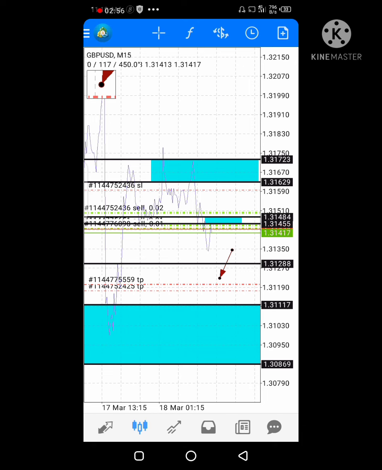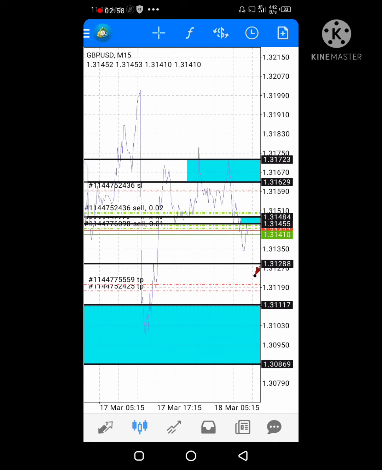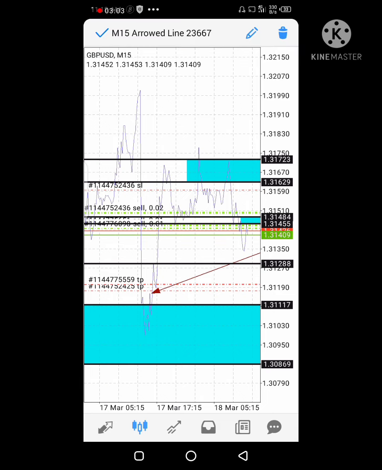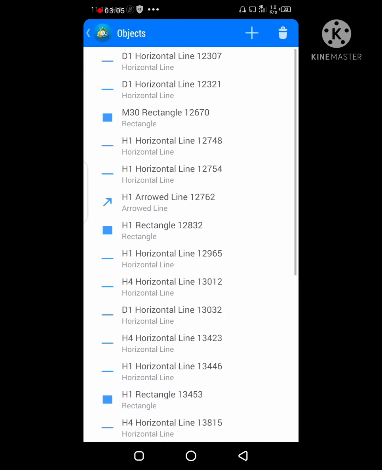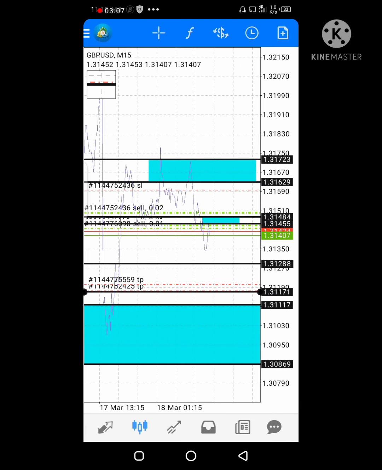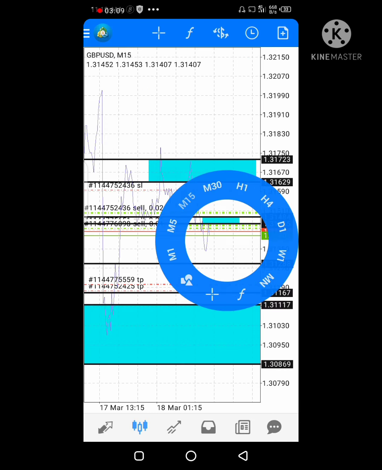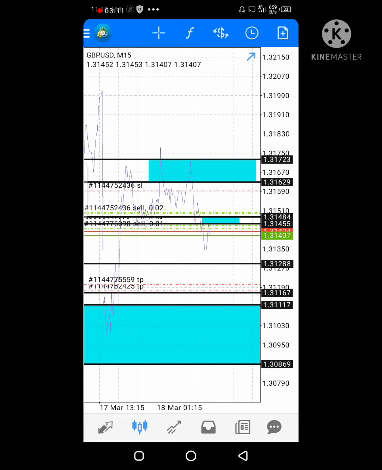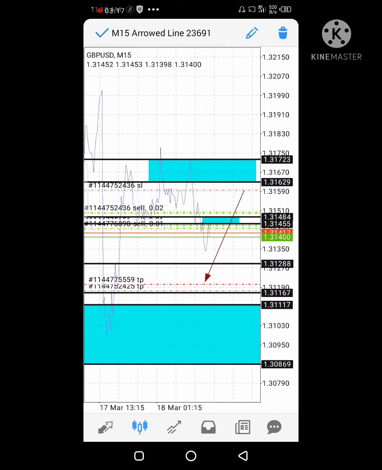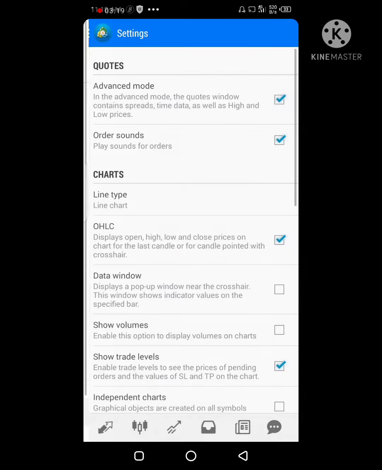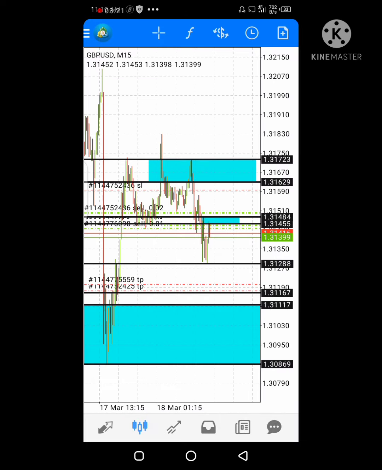So the next touch is going to break and move down to this next high. Based on my spread, it's meant to be here, but I'm going to put the take profit right here.